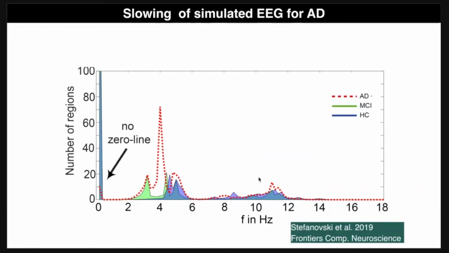So the red dotted line indicates that there's an increase of regions with frequencies around 4 Hz, which is the theta rhythm. So there's a slowing of the simulated EEG observed in our data just by including the beta burden and the mechanisms that I have explained. The slowing and the theta activity can be also observed in the empirical data.